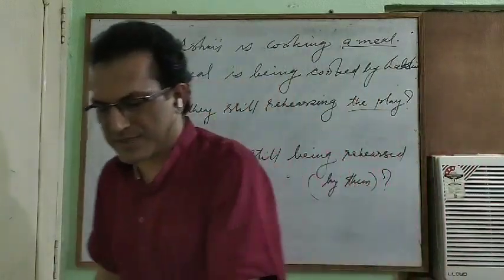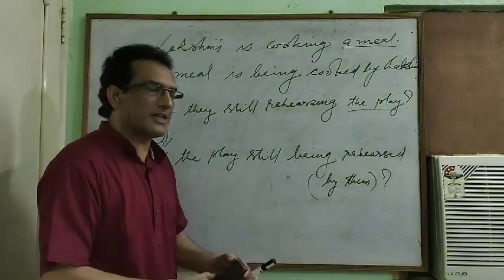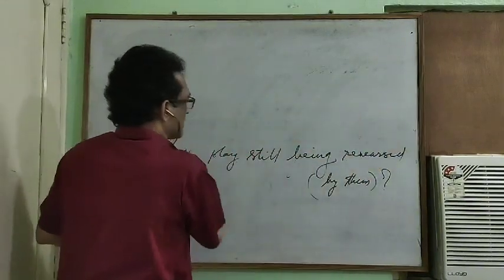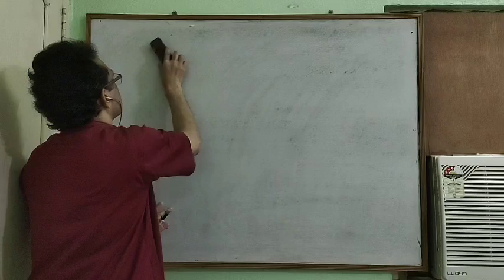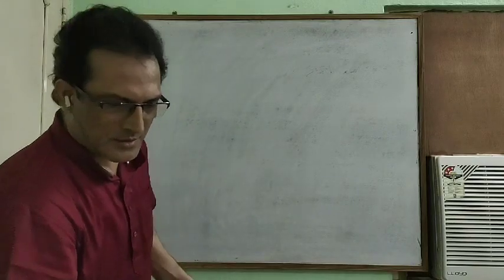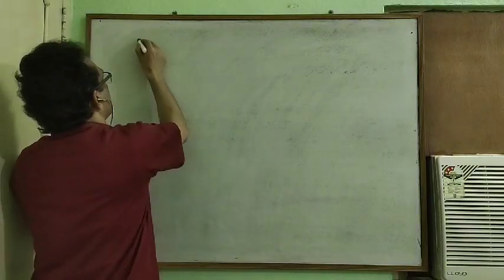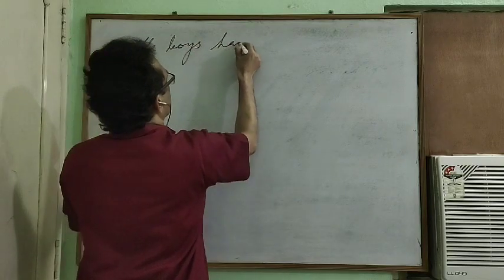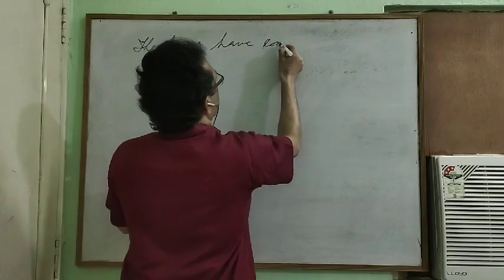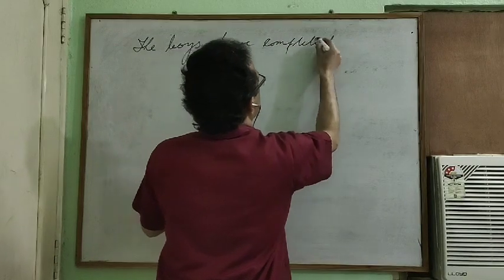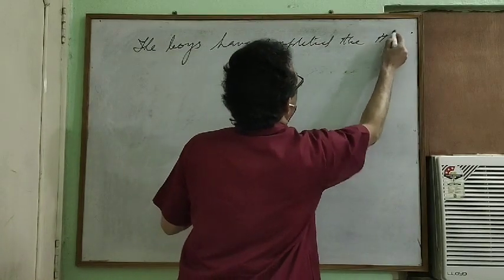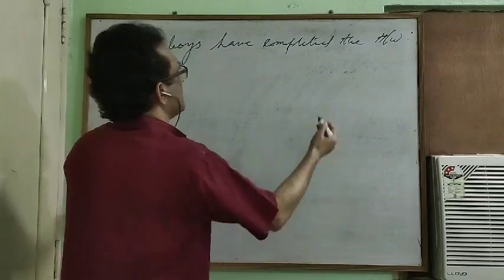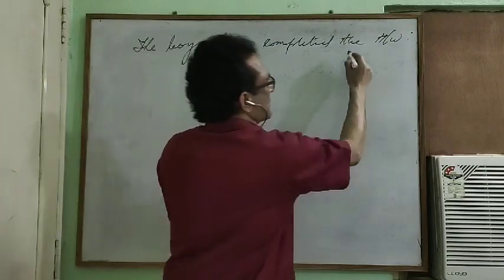Now perfect. In perfect, the form of be is been. Let's take an example: the boys have completed the homework. The boys have completed the homework. Now, the boys have completed what? The homework.